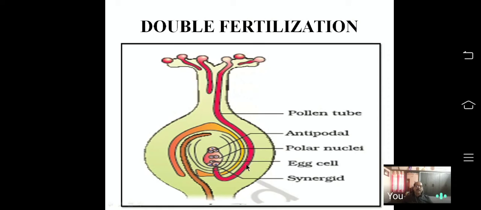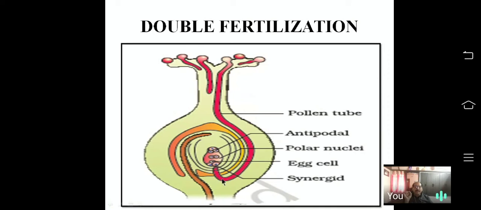What happens during the growth of the pollen tube? I said that the pollen grain has one more cell, called the generative cell. That generative cell divides by mitotic division and produces two male gametes, sperms. They will be present in the tip of the pollen tube.